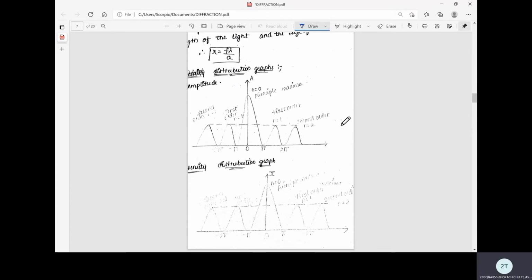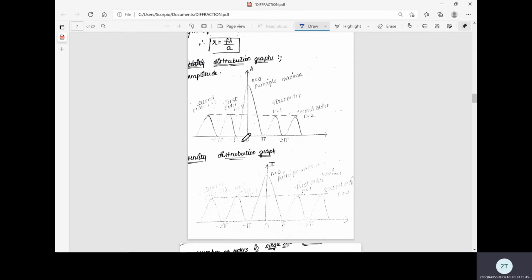Now let's see the distribution graphs for this experiment clearly. We've seen this graph before. For the single slit experiment, this will be the graph of amplitude or intensity with phase. Its maxima is at the middle, which is the principal maxima, and all the other lobes are consecutive maxima.